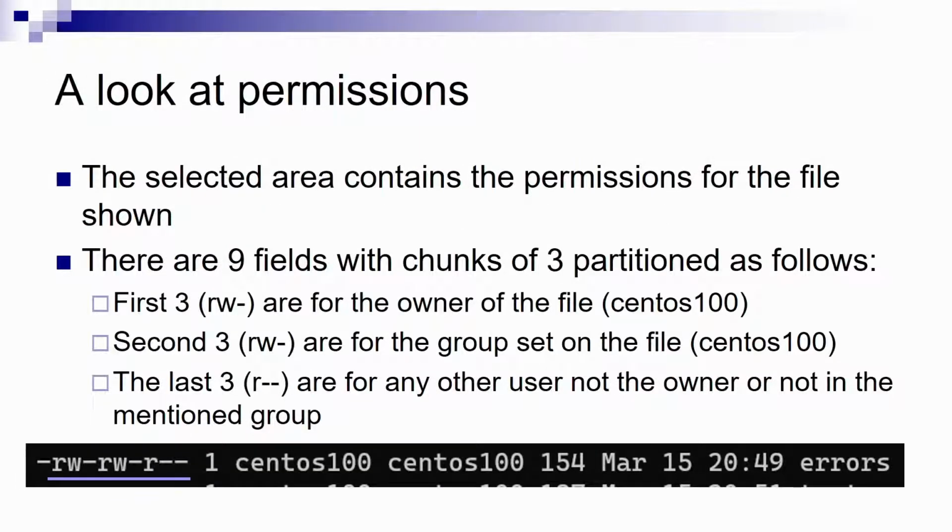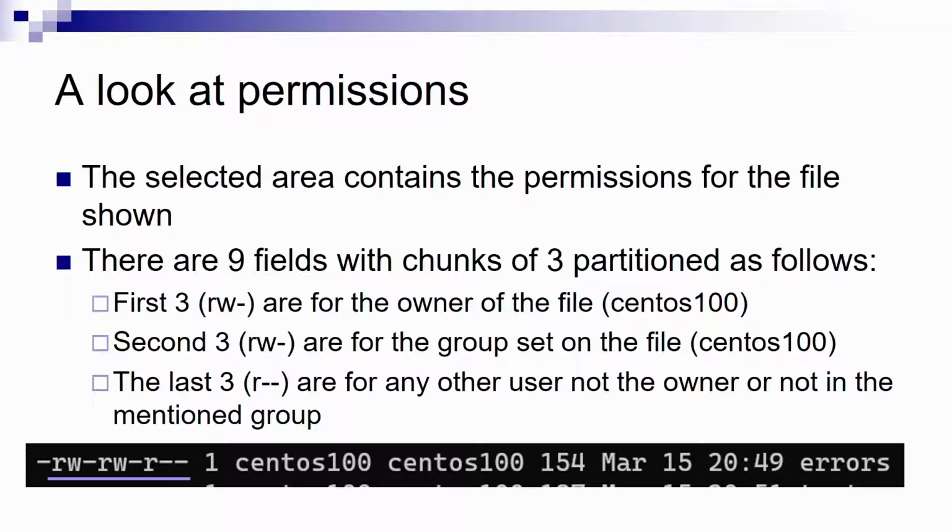To better understand the way permissions look, let me show you a small snippet from an ls -l command, and we are going to analyze the permissions for the errors file. As you see, the selected area contains 9 characters, and we can look at the permissions in chunks of 3 characters. The first 3, which are R, W, and minus, are the permissions assigned to the owner of the file, which is the user CentOS 100 in this example.